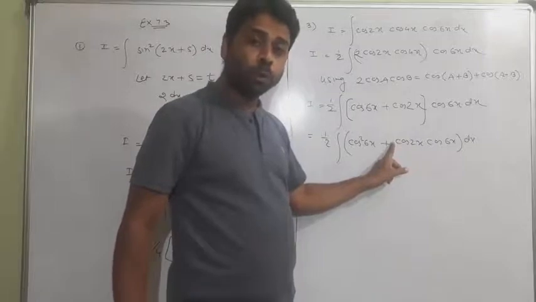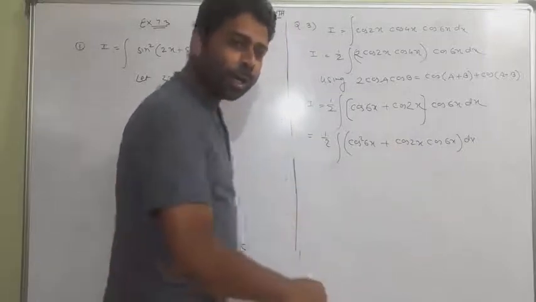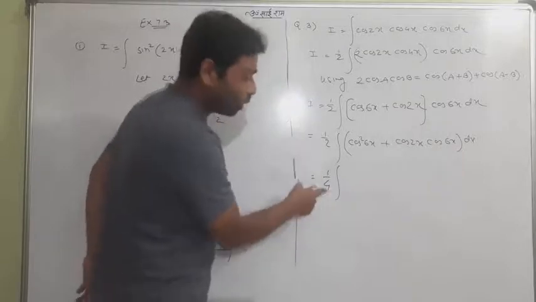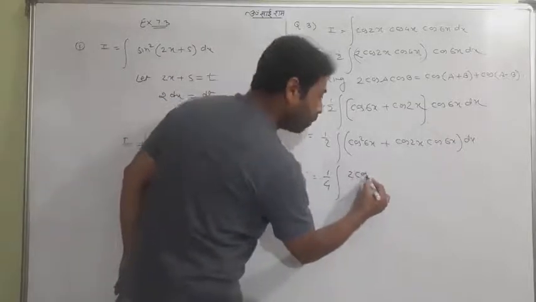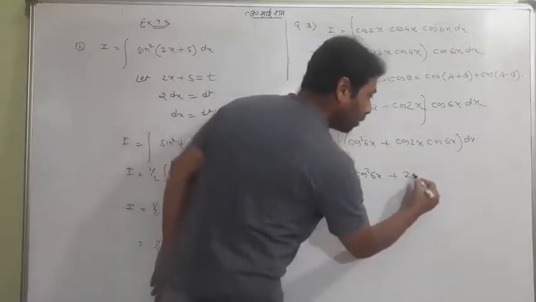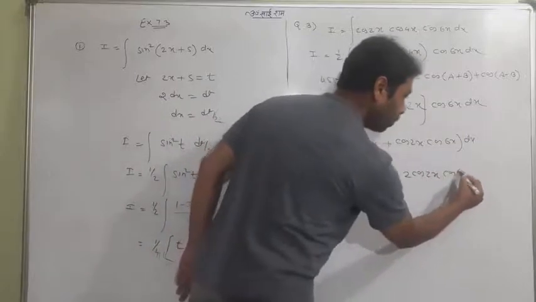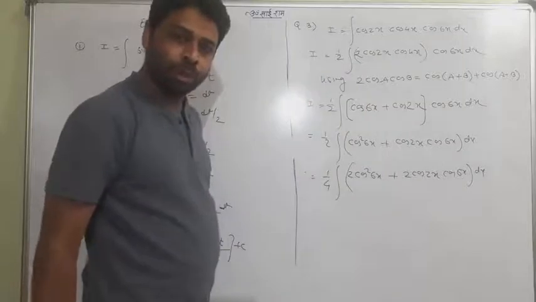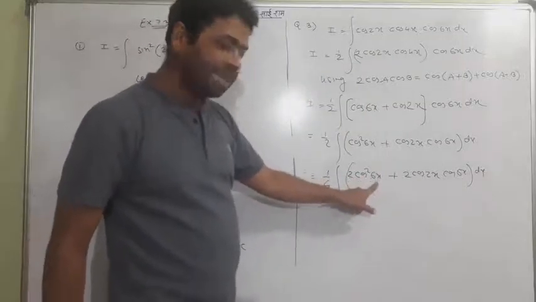When it is 2, you can use a formula again. So what I do now, I again multiply and divide by 2. So it was 2, it is 4 now, and you multiply the 2 into both terms. It is 2 cos square theta.